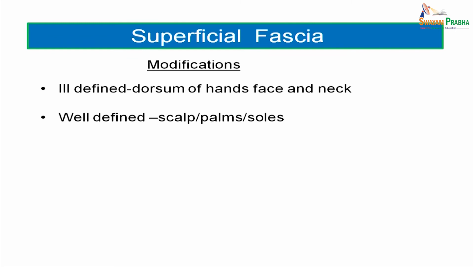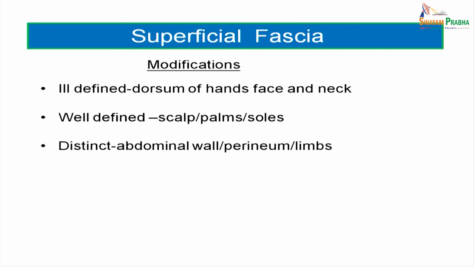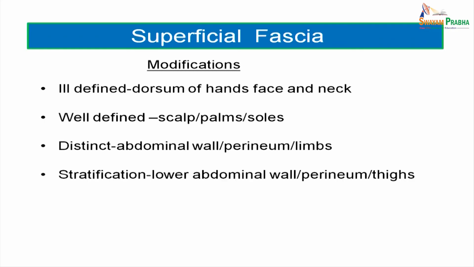It is well defined in case of scalp, palms and soles, and it is very distinct in case of the abdominal wall, perineum and limbs. In fact, you can see stratification in the lower abdominal wall, like you have a differentiation in the abdominal wall fascia, perineal fascia and in the thigh region.